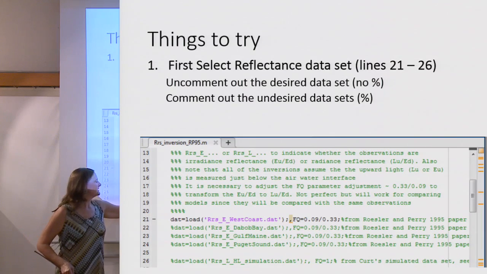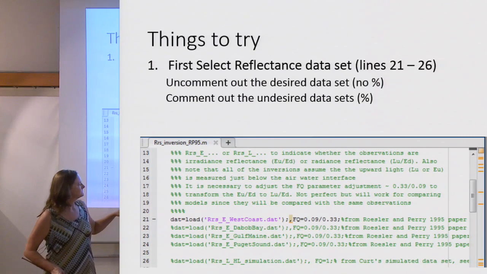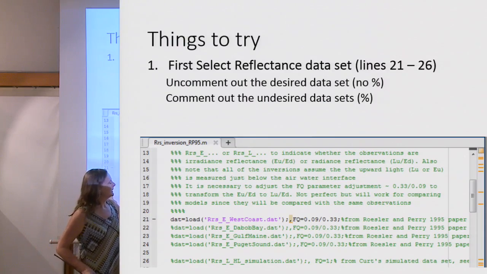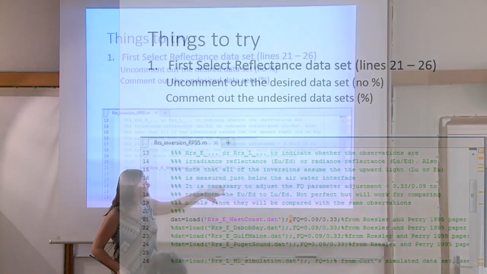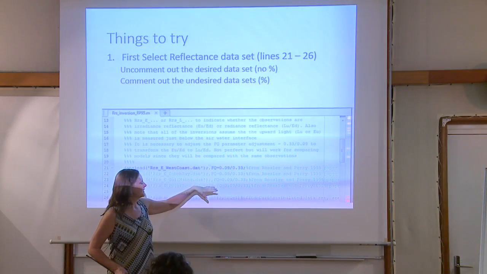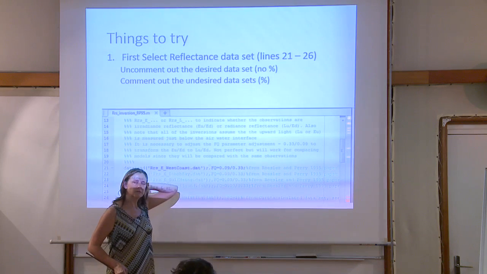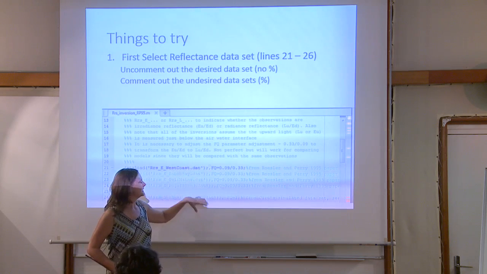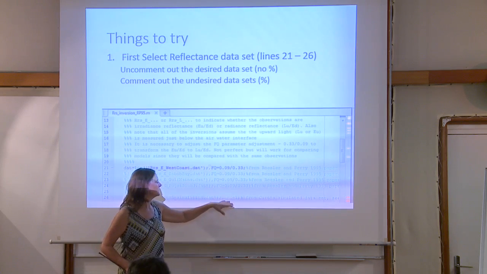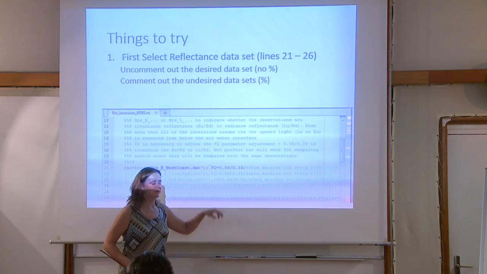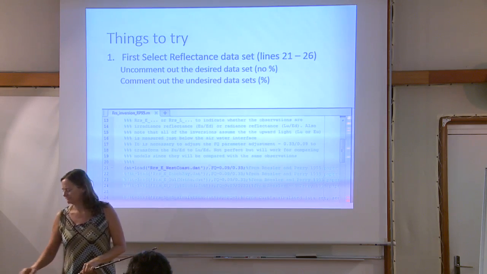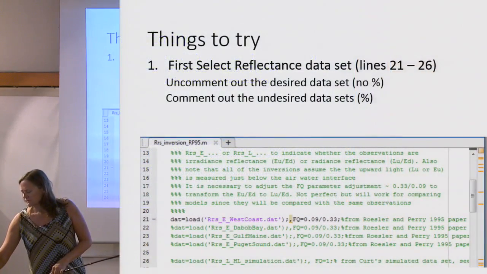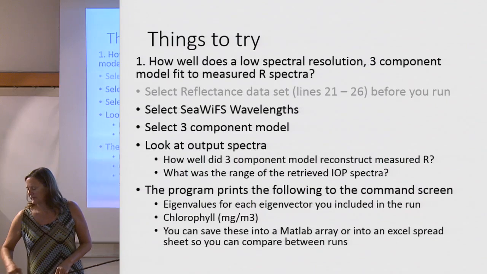And then this is the simulation data set from Kurt. And so what we notice is that the F over Qs are different for them because one is irradiance reflectance, one is radiance reflectance, and so it defaults automatically into providing the correct F over Q for the simulation. So either comment one or uncomment one.